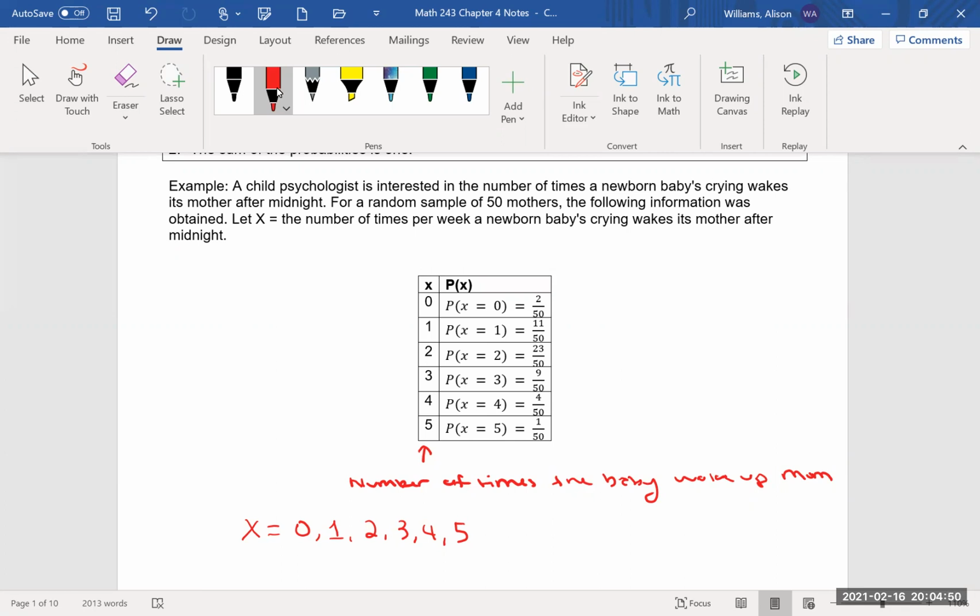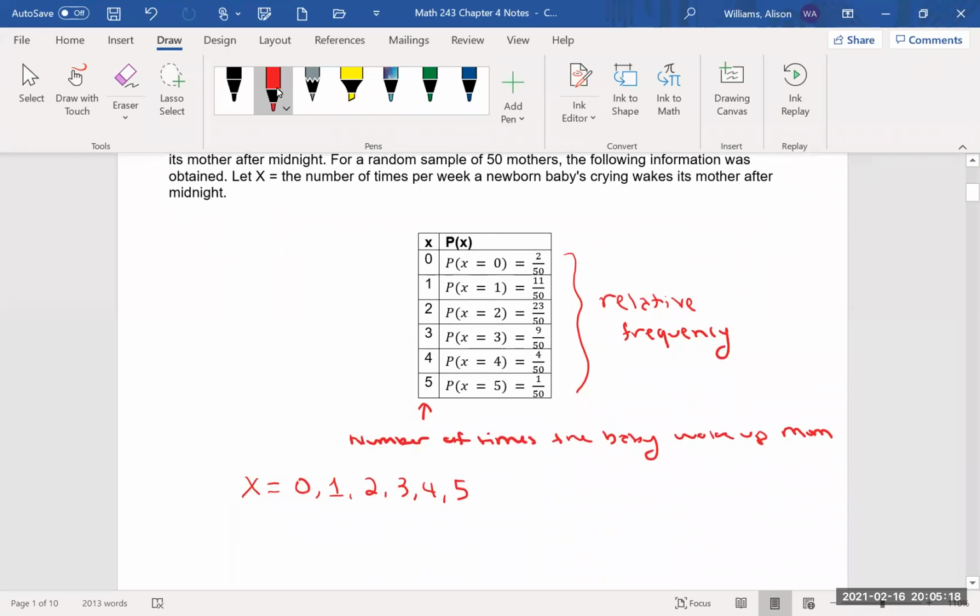Now, the probability in this problem is coming from data. So technically, we used the phrase previously, we called this relative frequency because we're looking at the percentage of each. Even though they wrote it as a fraction, it could be thought of as a percent if we went ahead and divided them. Now, this does represent a probability distribution function, and they often use PDF to represent probability distribution function.